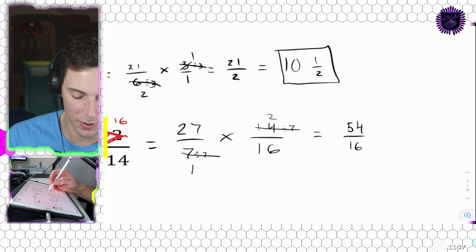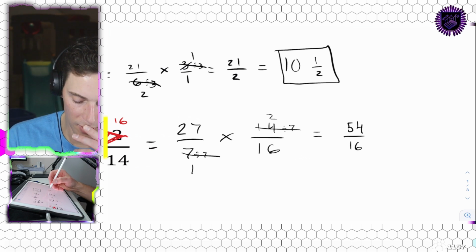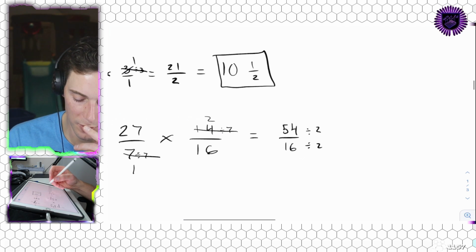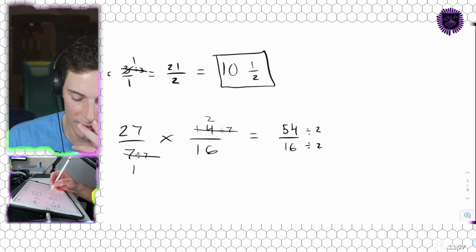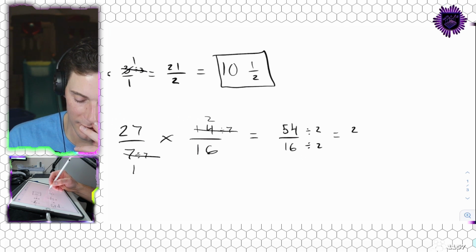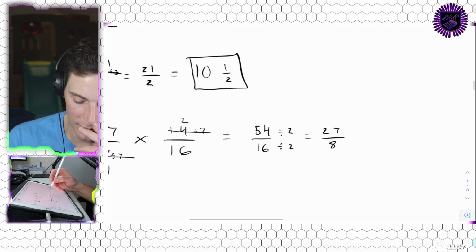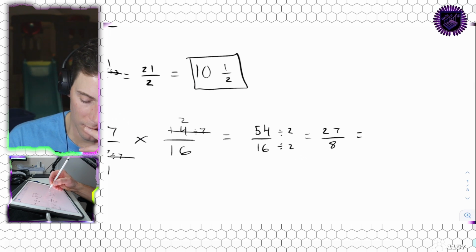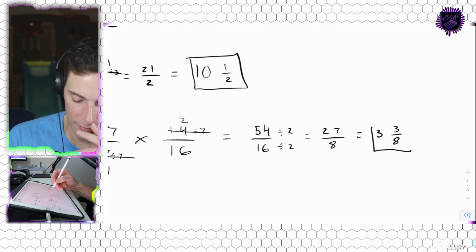Oh, I could simplify that. Okay, divide by 2. Divide by 2. Nice simplify opportunity. It'll be back down to 27 eighths, and then 3, and that would leave 3 eighths remaining.